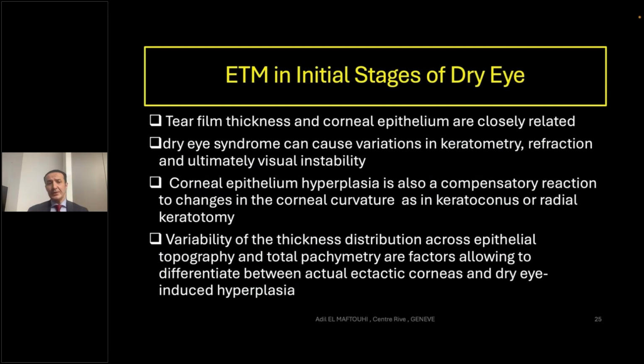So we know that the tear film and corneal epithelium are closely related. And now we know that dry eye syndrome can cause variation in keratometry and refraction, and can produce instabilities of the vision.